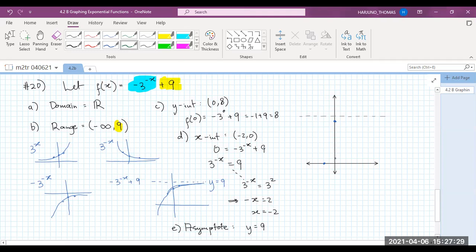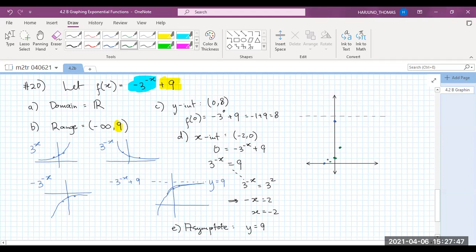Again, originally it is 3 to the x, right? So for 3 to the x, the coordinates are the y-intercept (0, 1), (1, 3), and (-1, 1/3).